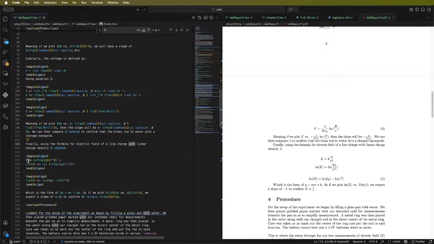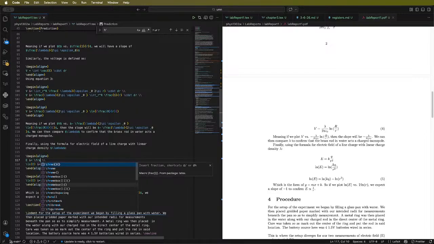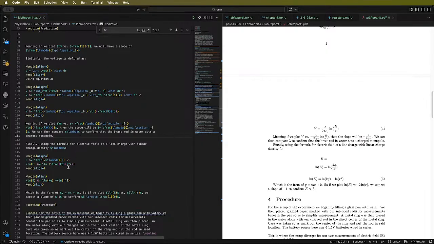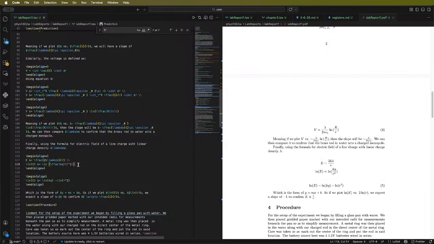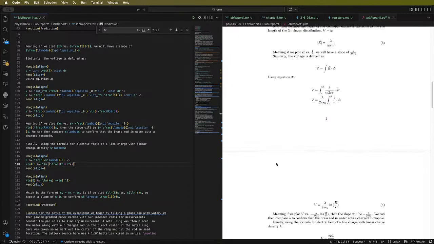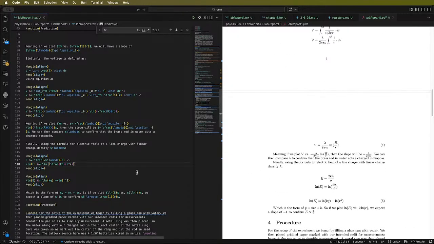It's supposed to be frac 2kλ over r. Just copy and paste that into here.